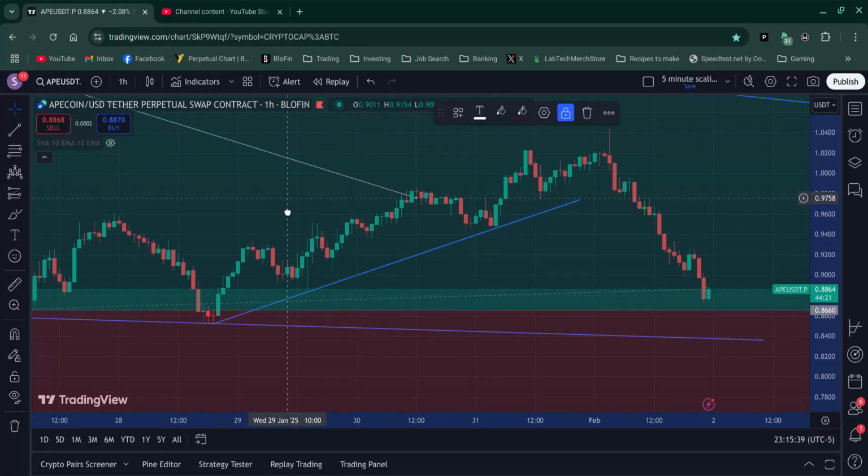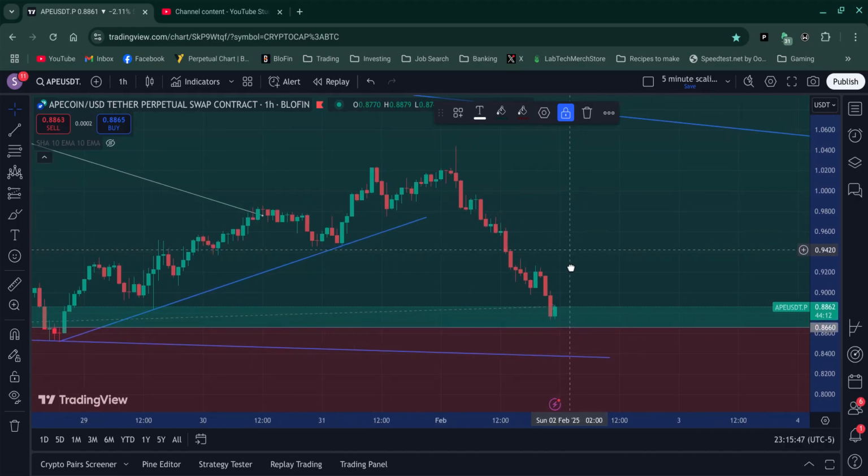Hopefully, if we're going to reverse, we're going to set a higher low than this one here, but we'll have to see what happens. And so if it does get down to this wedge and then breaks down, then you would not want to enter a long necessarily just yet, because it may continue down.